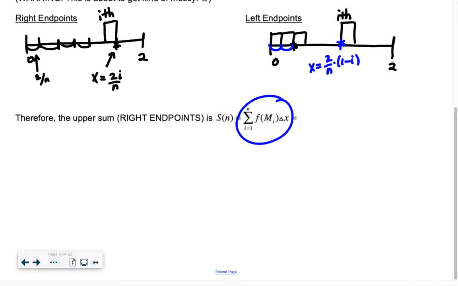So I find the area of a rectangle by multiplying the width times the height, right? When you see this f of x sub i, this is the height, in this case, of the ith rectangle, because there's an i there. And this delta x, well, that's the width of each rectangle.